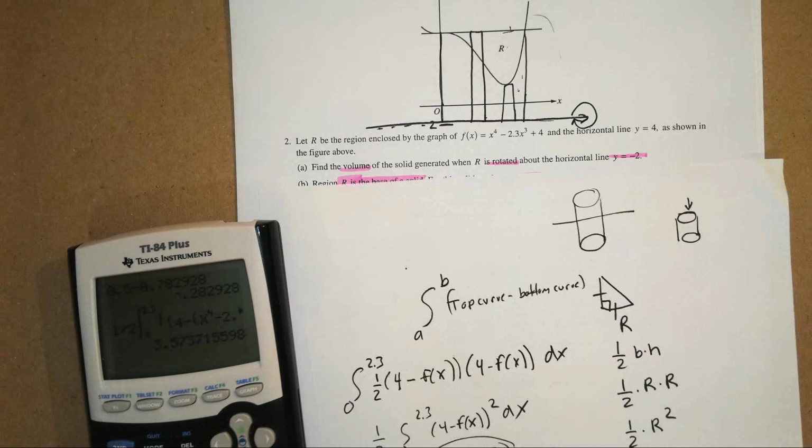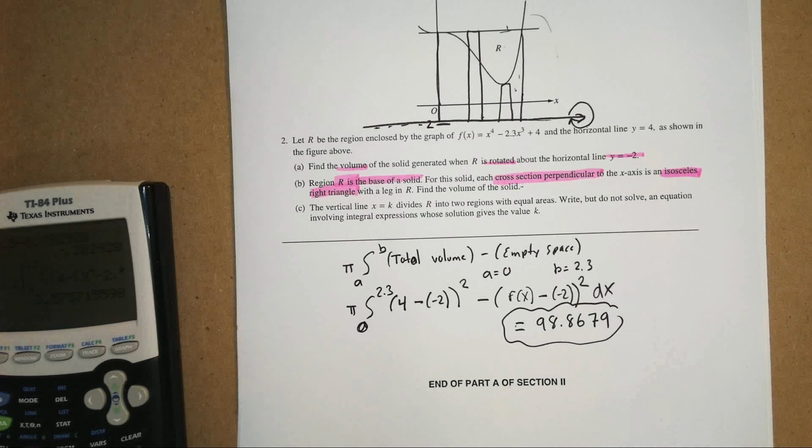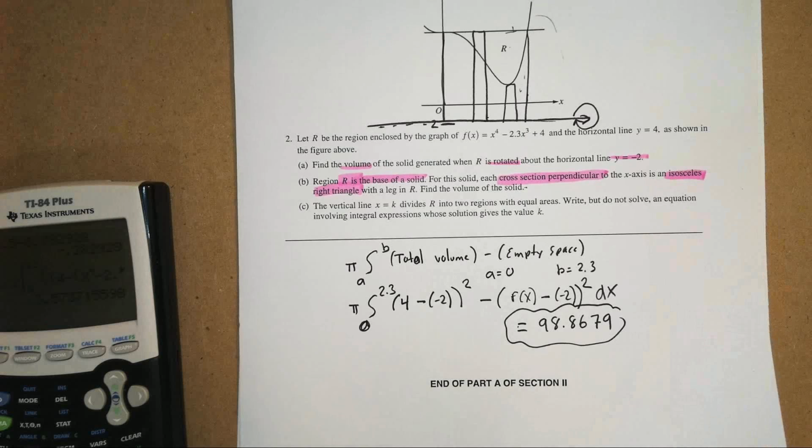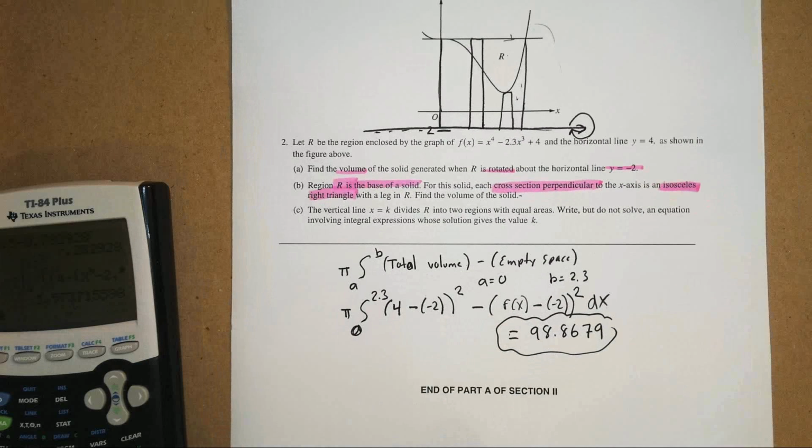So going to part C. Part C says the vertical line x equals k divides R into two regions with equal areas. Write, but do not solve, an equation involving an integral expression whose solutions give the value k.